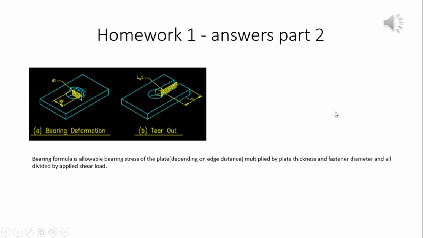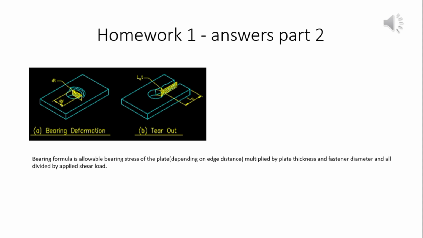So I'm not going to talk so much about the bearing or tear out, as we already had a little knowledge about it when we were talking in the first part about the edge distance, because I already spoke about it.